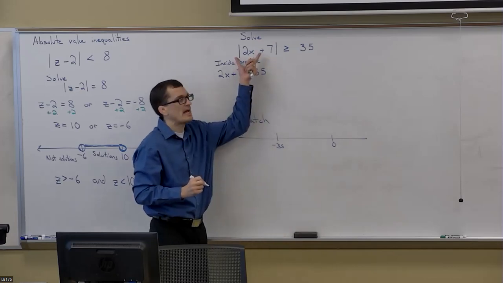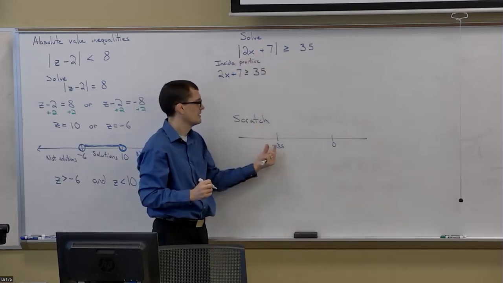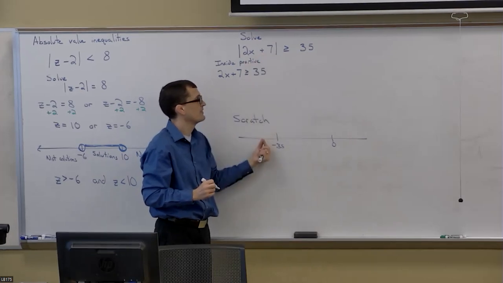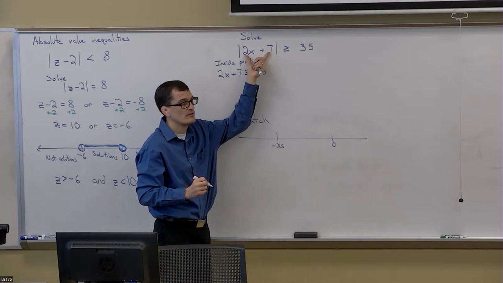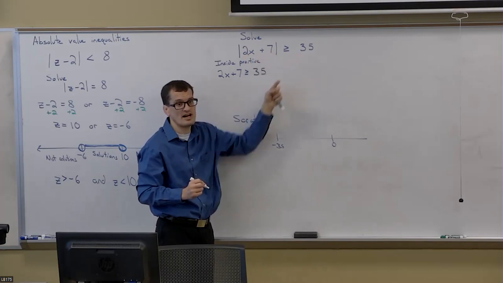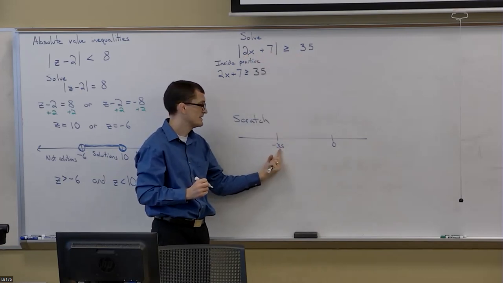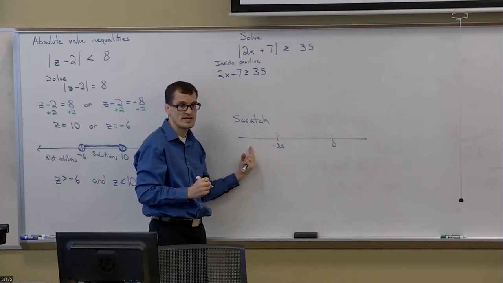In order for the absolute value of something that is a negative number to be bigger than 35, it needs to be to the left of negative 35. Does that make sense?